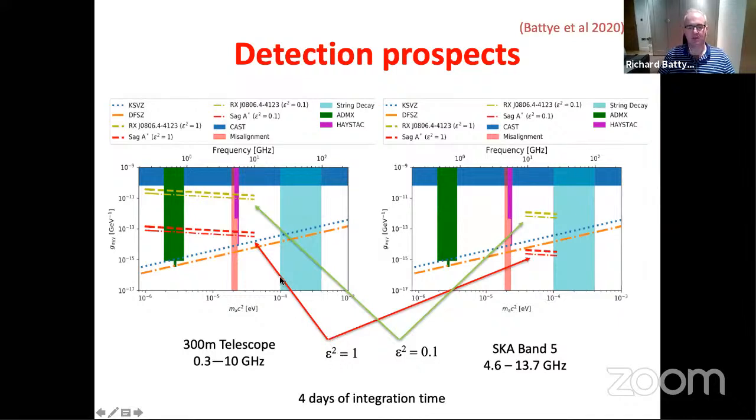In one case, epsilon squared is 1, or epsilon squared is 0.1. That is the geometric factor, depending on how circular the ellipse is. It changes the amplitude. And this is for an SKA band 5 receiver, which probes a different mass range due to being a different frequency range.